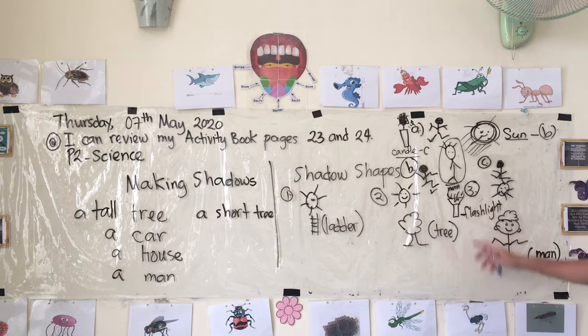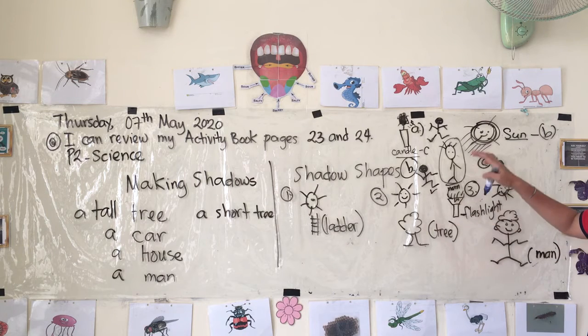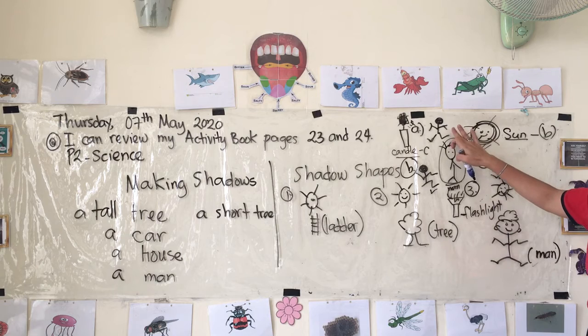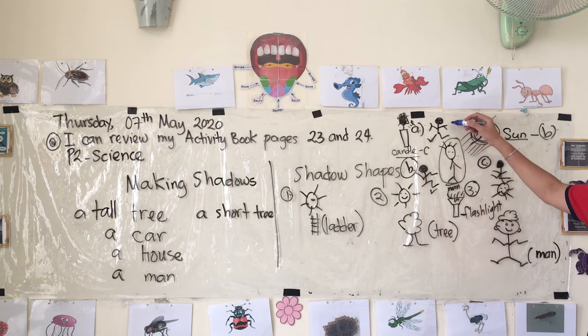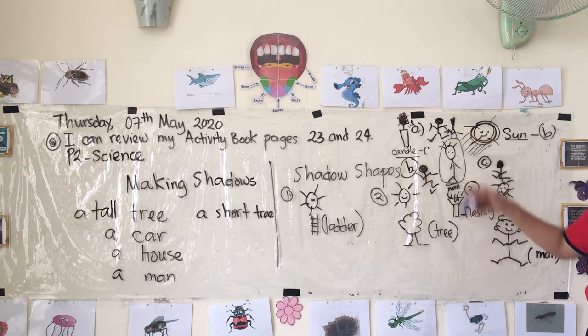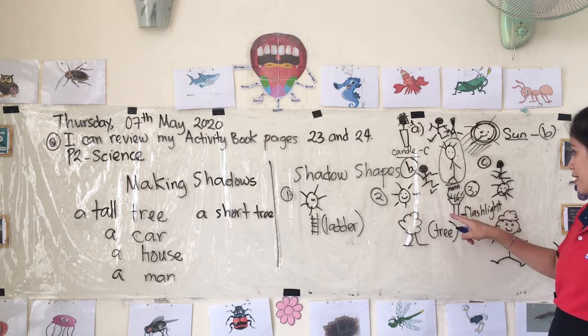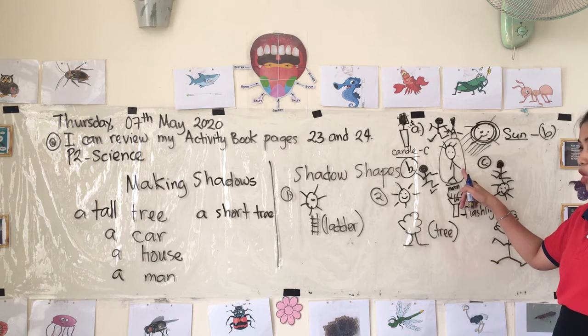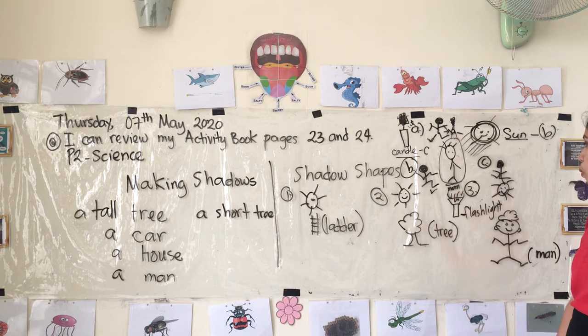Now the flashlight is here and the object, which is the man, is here. Now, where do you think, or maybe this side, I'll just move the man over here a little bit. It's the same man, I'll just move him a little bit here. Okay, so if the flashlight is here, which is our source of light, the object is the man. So where will the shadow of the man be?